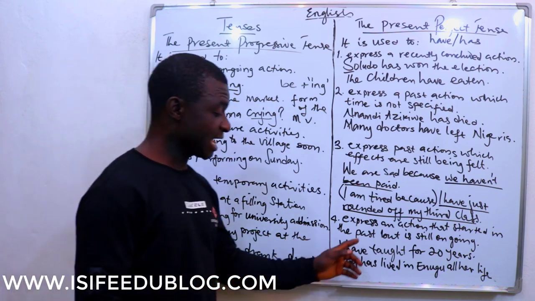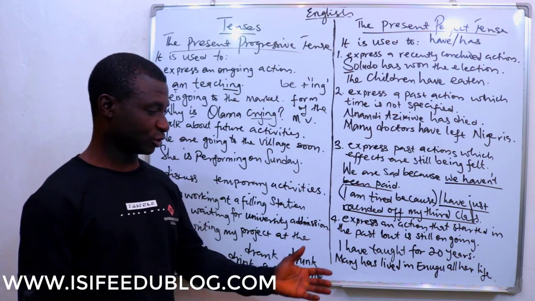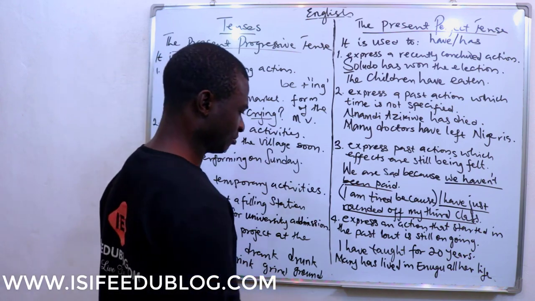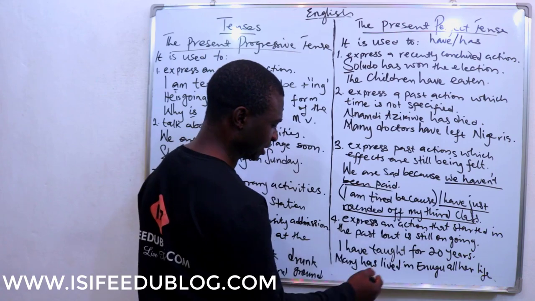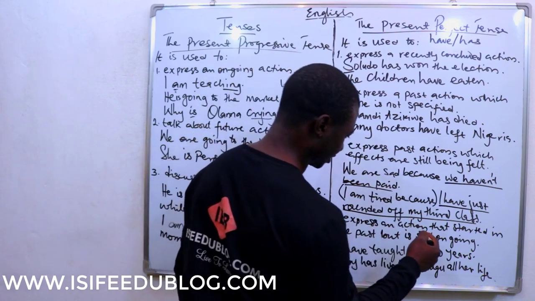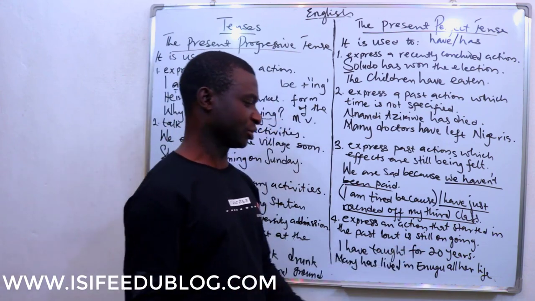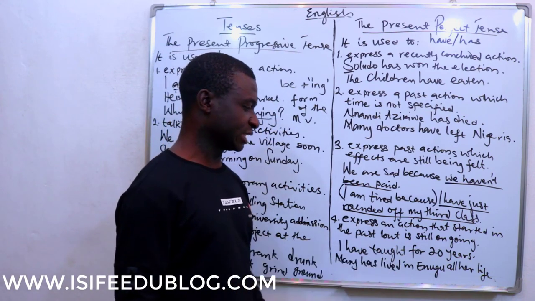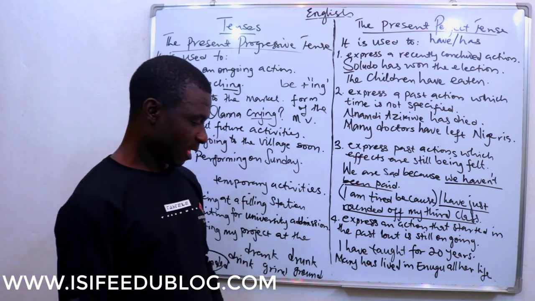Now, I have taught for 20 years. That means I started teaching and have continued to do so and am still doing so. 20 years down the line, it is still ongoing.